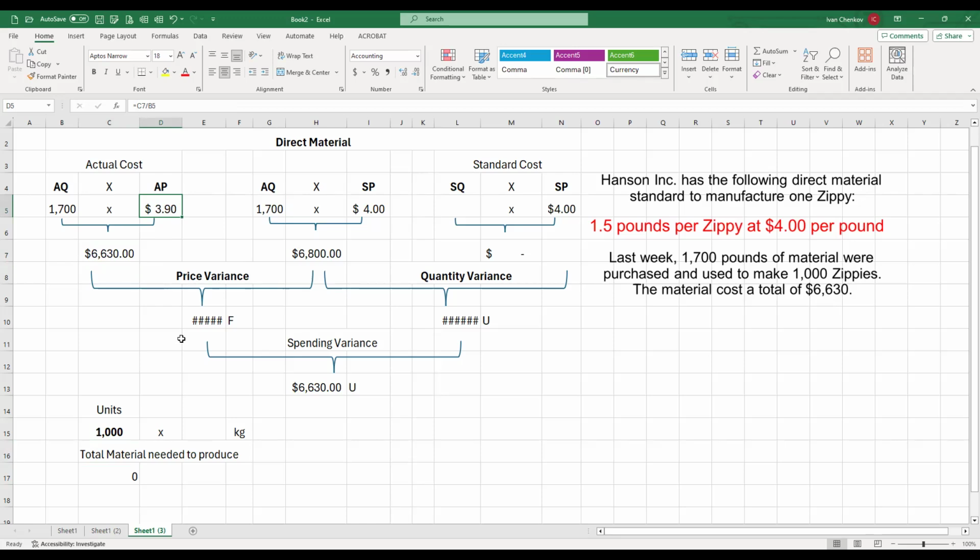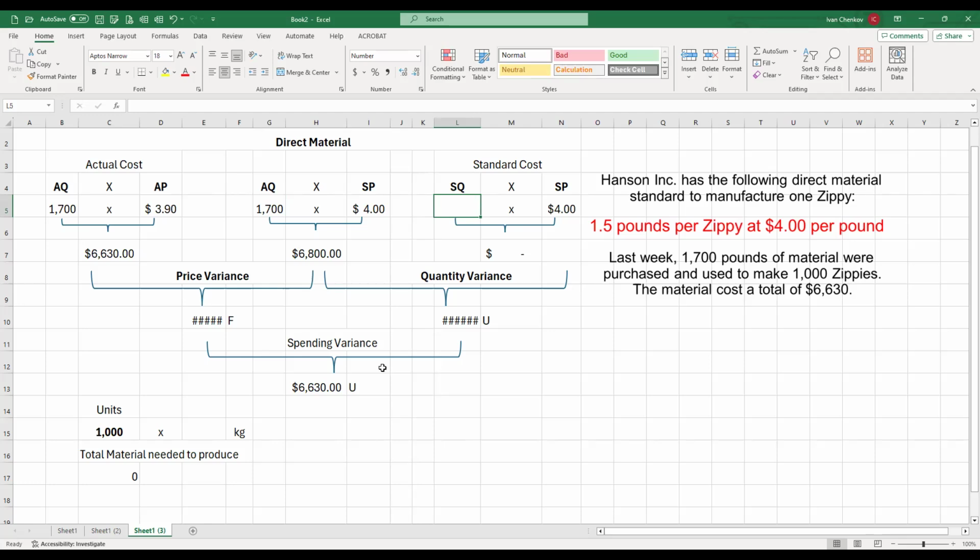Now, the only thing left is to find out how much is our standard quantity for the direct material needed to produce 1,000 units.